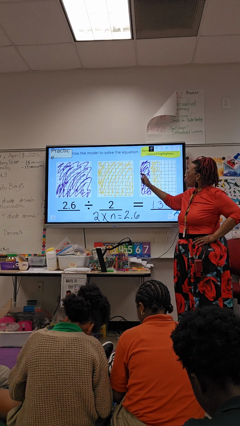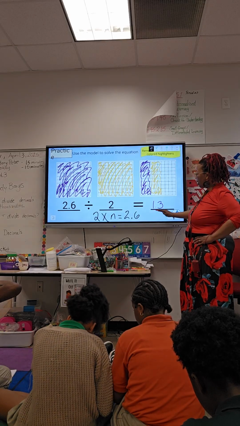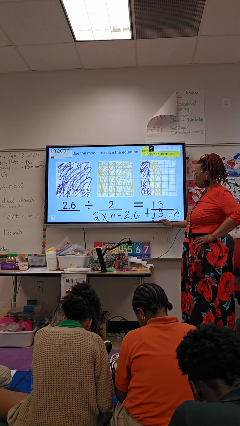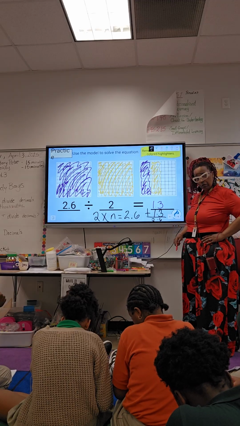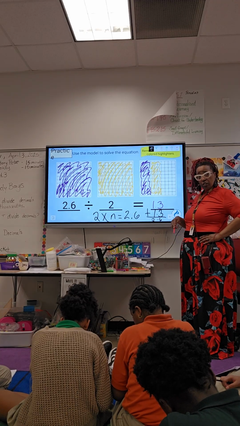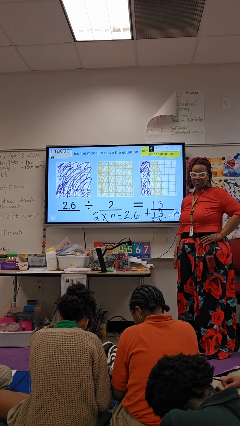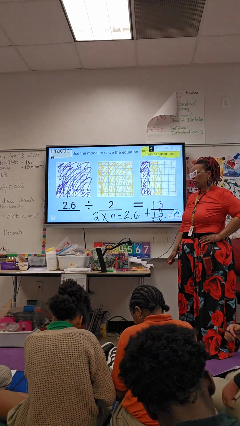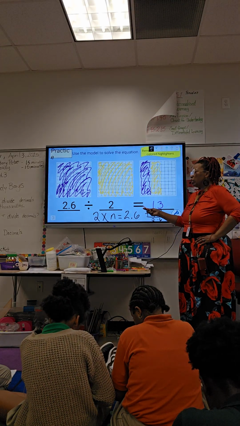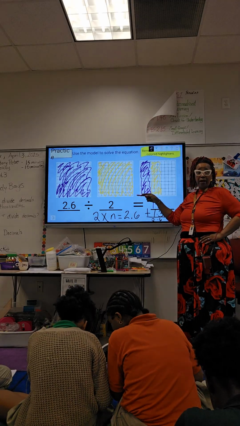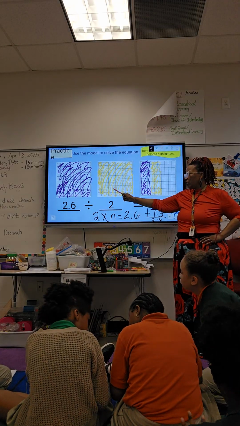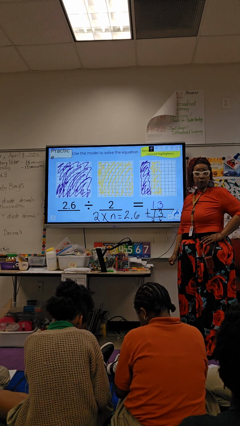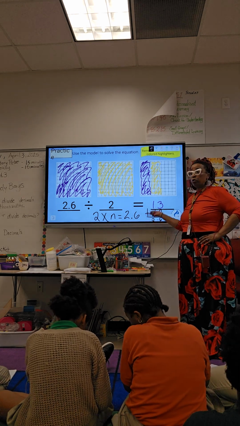Think about your numbers. 1 3/10 plus 1 3/10 is 2 6/10. 13 plus 13 is 26. That's not 2 6/10. So you want to make sure that it's making sense. You can take the decimal out of this, but remember, you got to put it back in when you're dividing a decimal by a whole number.